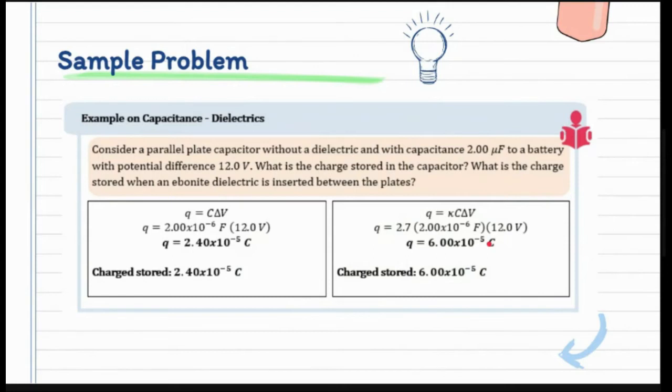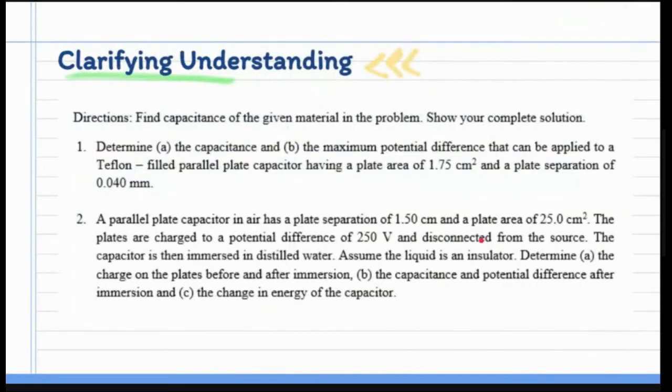Now let's try another problem. We are to find the capacitance and the potential difference that can be applied to a Teflon-filled parallel plate capacitor with an area of 1.75 centimeter square, separated by a distance of 0.04 millimeters. So our dielectric material is Teflon.